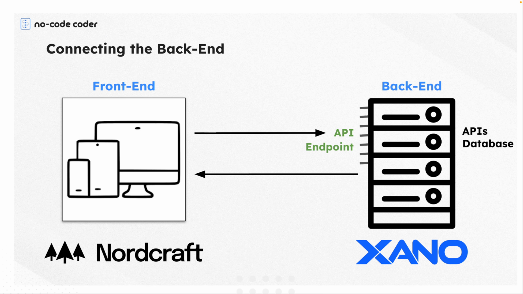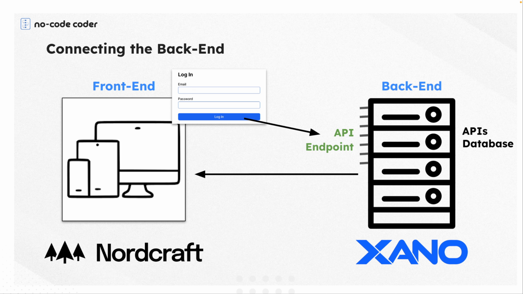So one of the most common types of endpoints that a backend exposes is the ability to log in. If you imagine how that would work, on our front end we're going to have a login form where the user can type in their email and password, and then they click the login button and it makes a request to that particular endpoint to log them in and to validate their details, or what we call authenticate their details.